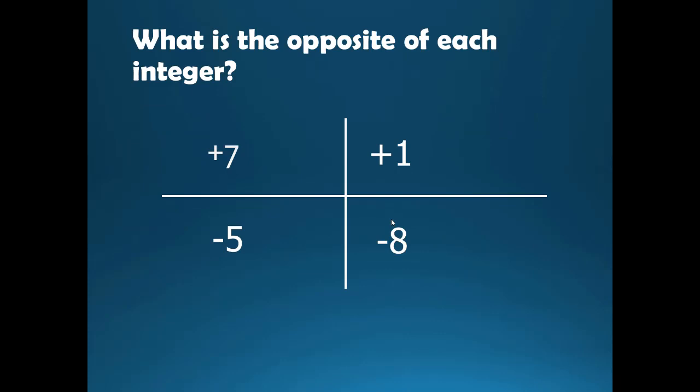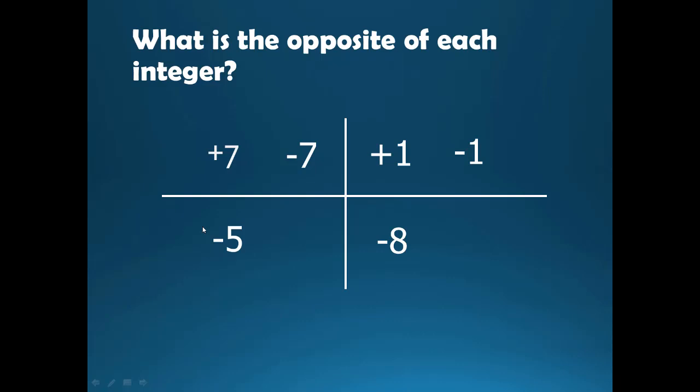So, the example. What is the opposite of each integer? Positive 7. What is the opposite integer? So, the opposite is negative 7. Now, the opposite number of plus 1 is minus 1.